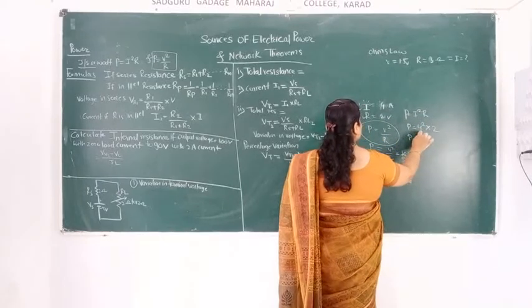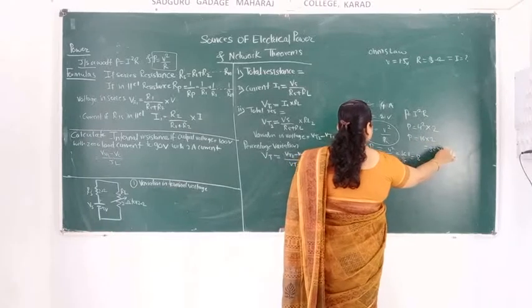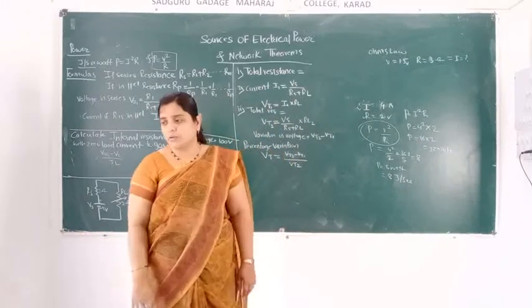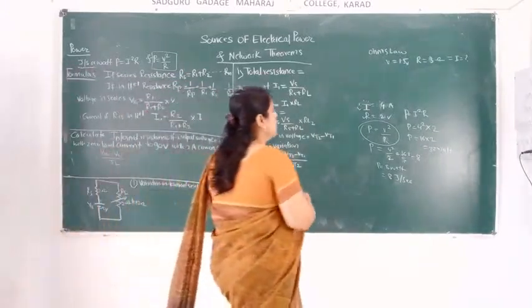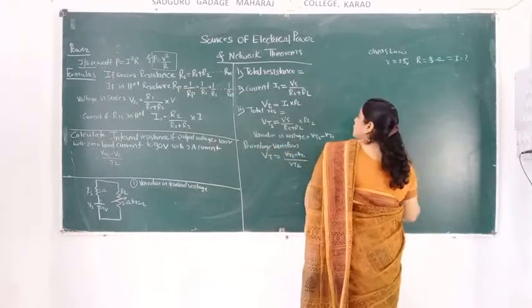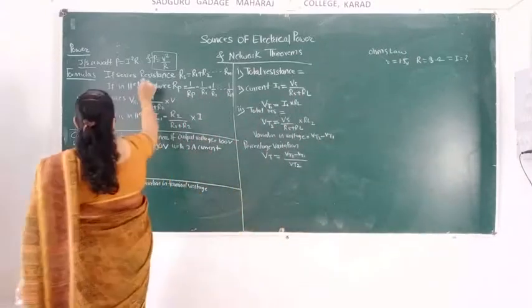P is equal to 16 into 2, that is 32 watt, or 32 joule per second. Okay, all of you understand how to use these two formulas: P is equal to I square R and P is equal to V square upon R. So this is for power.